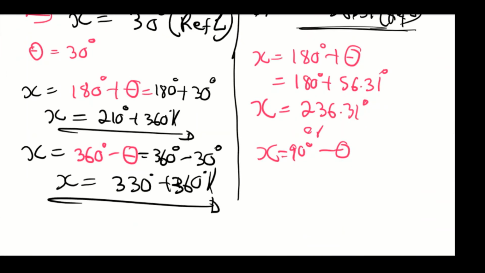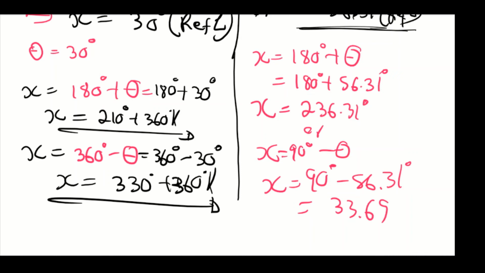Which is in the first quadrant. So x is equal to 90 degrees minus 56.31 degrees. So you're going to get 33.69 degrees. So these are your solutions of x.